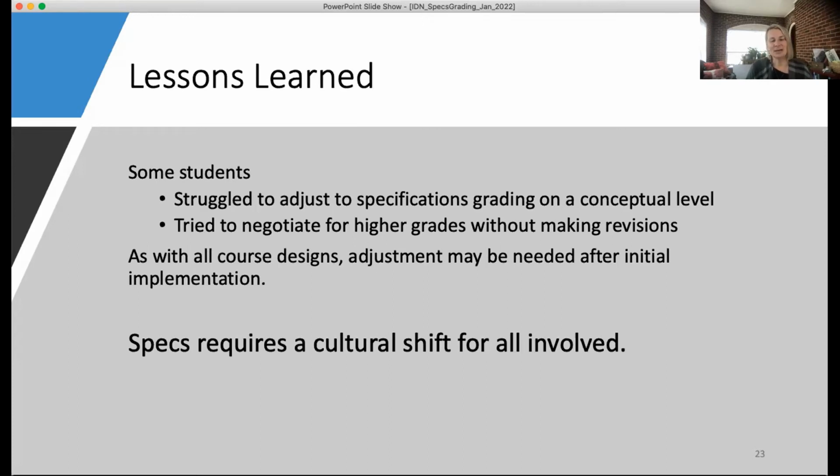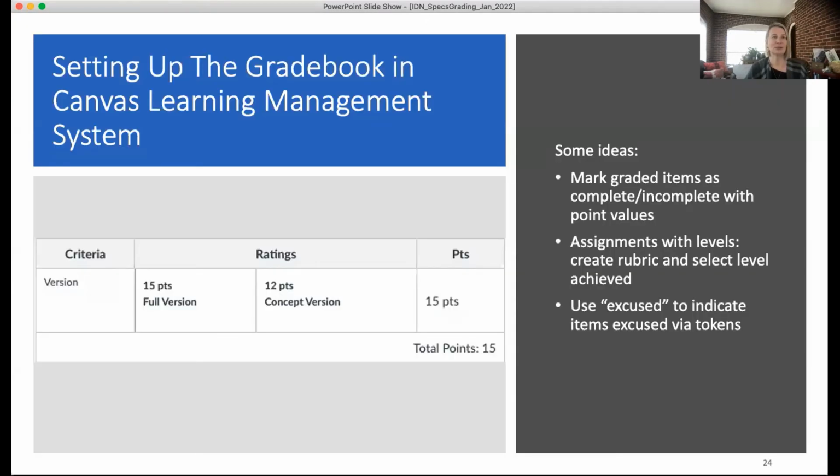But the biggest thing I'd say is that we recognize the need for a cultural shift for everybody. And some of the instructors said they initially wanted to give students those partial points because they felt worn down by just the one or two students who really wanted to argue for it. But when they felt more confident in the system as the semesters of using this wore on, they would hold the line on it and students would come around to the system pretty swiftly.